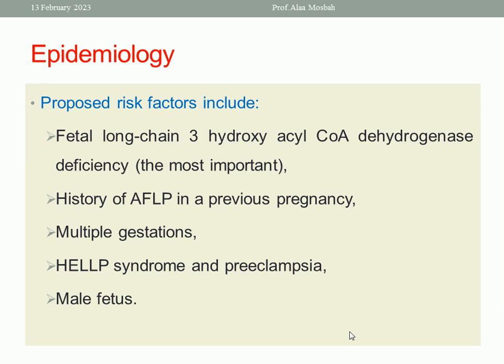Other risk factors include history of acute fatty liver of pregnancy in a previous pregnancy, multiple gestation like twins, triplets, and so on, presence of HELLP syndrome and preeclampsia, and it was found that male fetus is a risk factor. Okay?